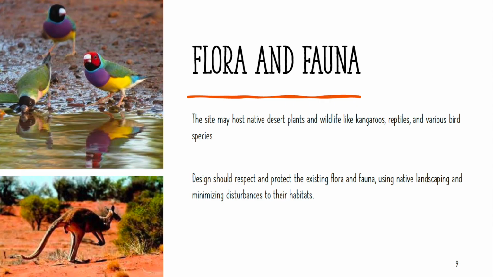The site may host native desert plants and wildlife like kangaroos, reptiles, and many kinds of bird species. Design should respect and protect the existing flora and fauna, using native landscaping and minimizing disruption to their habitats.